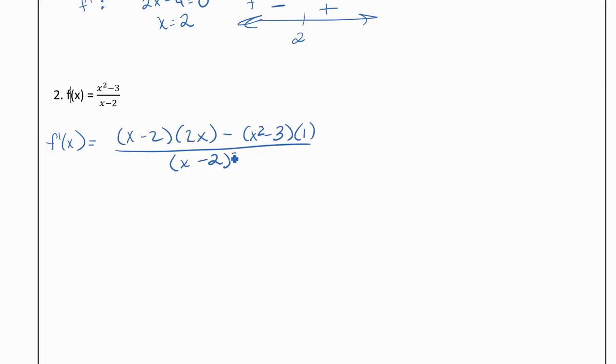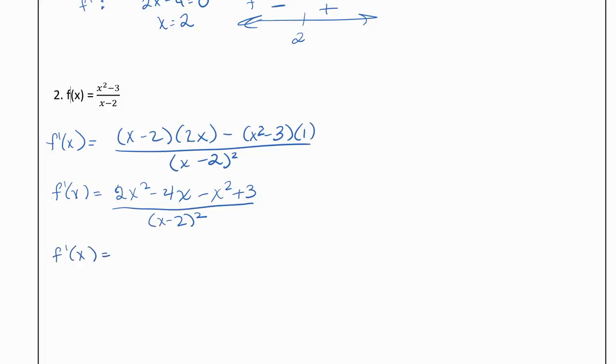Now this is one of those cases where to solve everything else we need to do, we're going to want to simplify this. So distributing the 2x, we'd have 2x squared minus 4x, and then distributing this negative 1, we'd have negative x squared plus 3. This is going to give us x squared minus 4x plus 3.